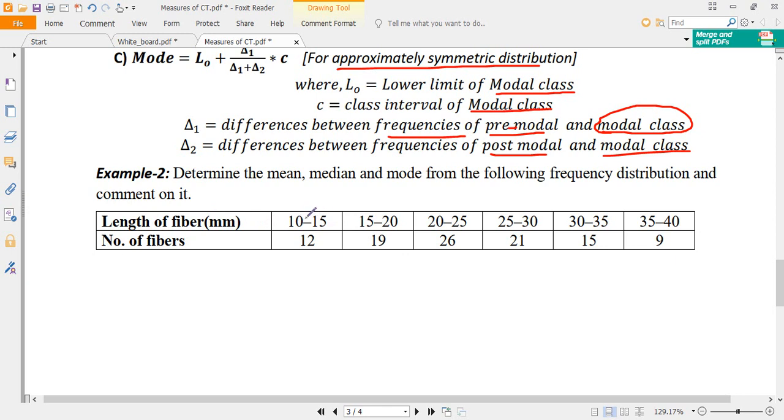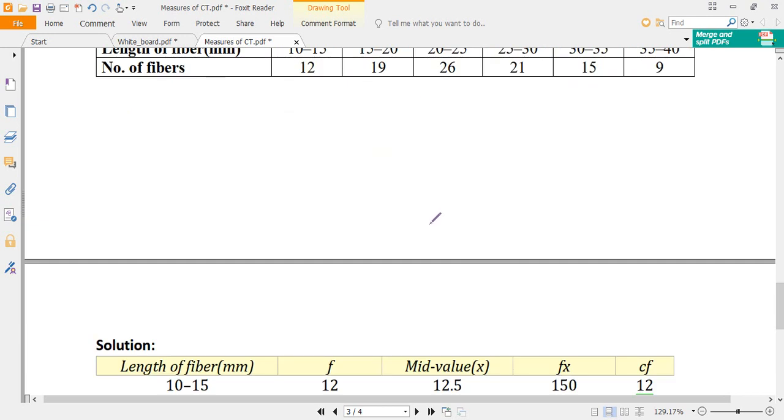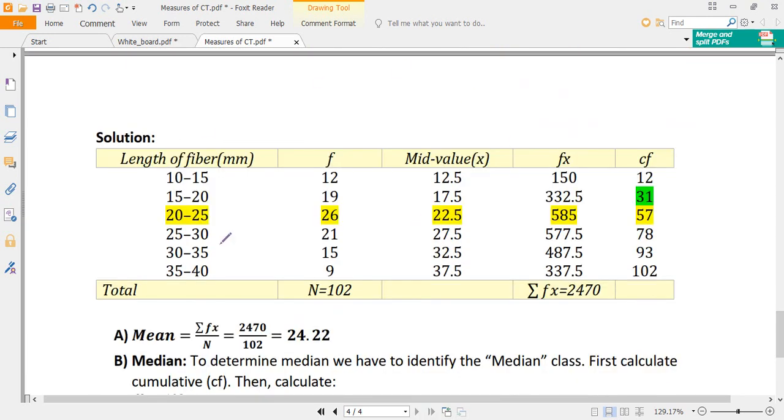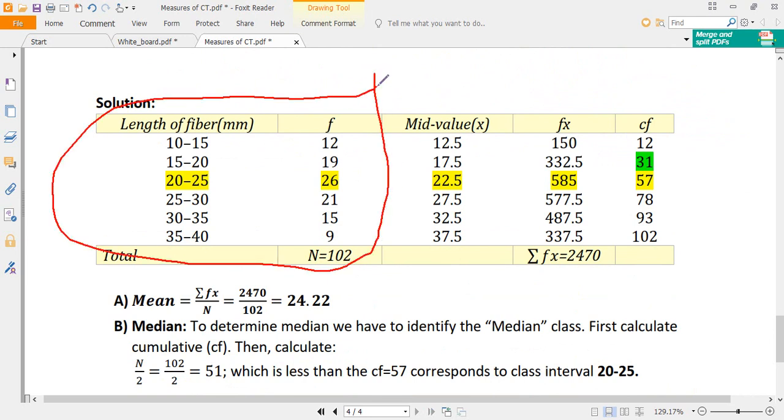The class intervals are 10 to 15, 15 to 20, up to 35 to 40, and the numbers of fibers are 12, 19, 26, 21, 15 and 9. We have to compute the mean, that is the arithmetic mean or average, the median and the mode from this grouped data. This is the complete table, and this portion is given in the problem.